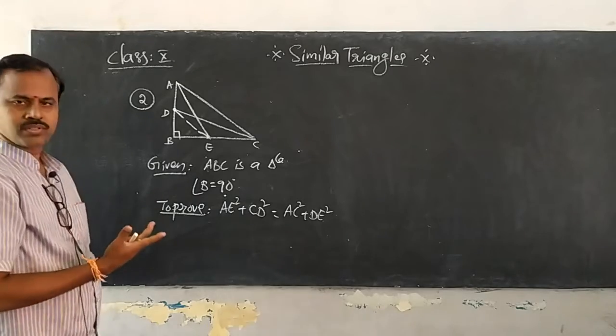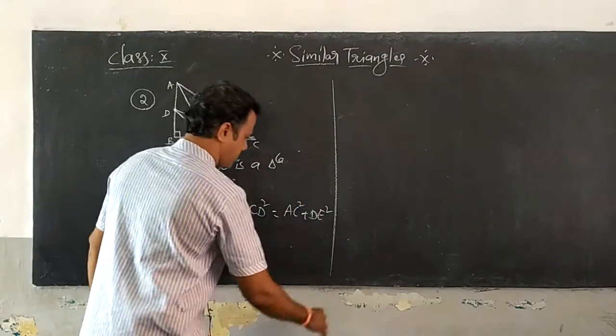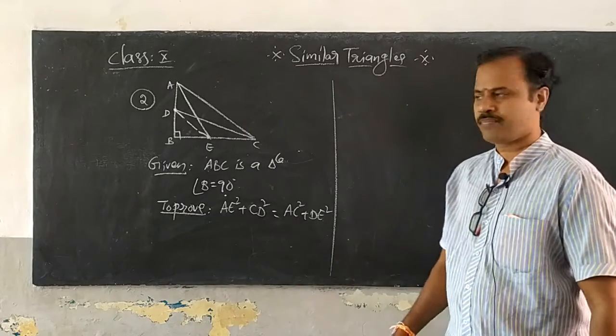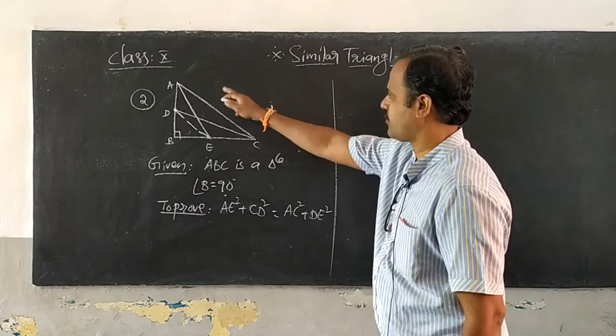It's very simple, isn't it? Whenever you observe squares, you need to take the Pythagoras theorem. So I select the 4 triangles.